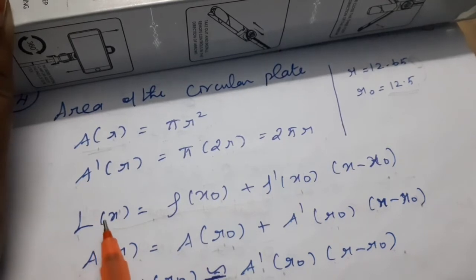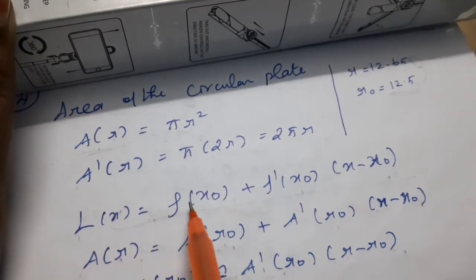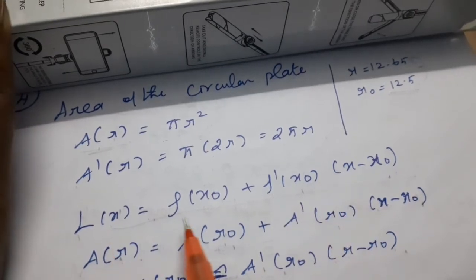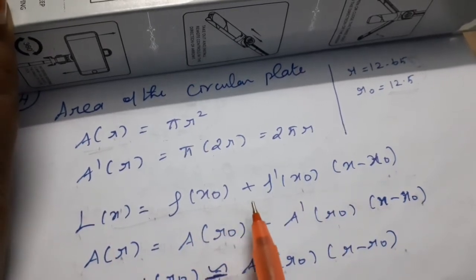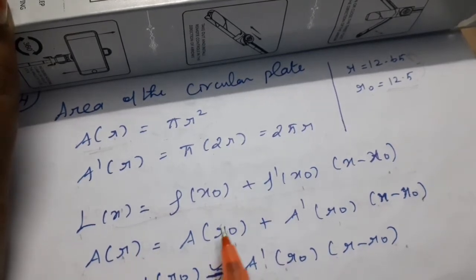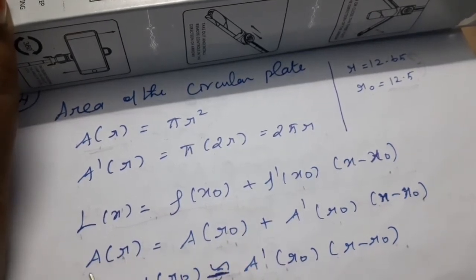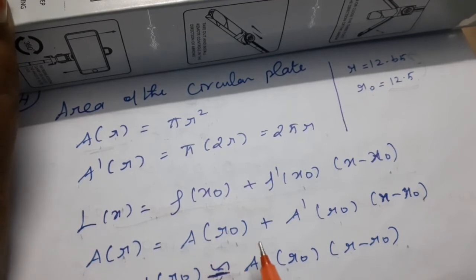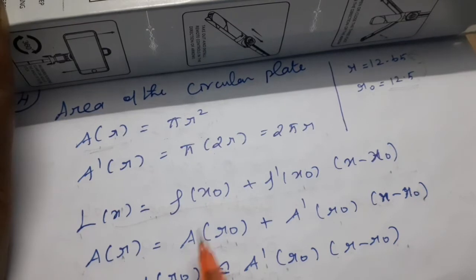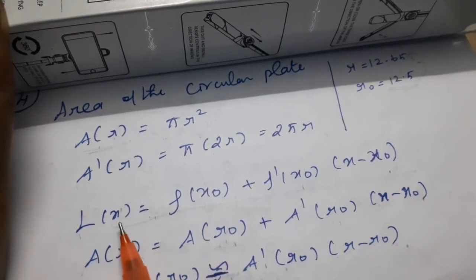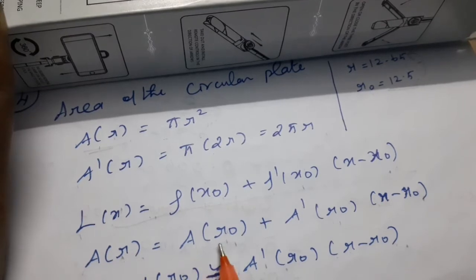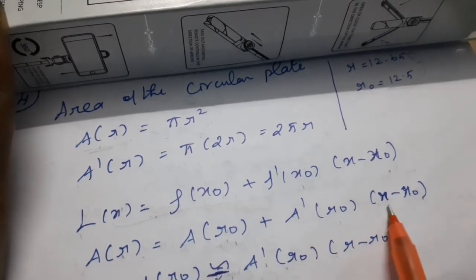What is our formula for linear approximation? L of x is equal to f of x naught plus f dash of x naught into x minus x naught. Now, instead of x, replace x by r: A of r equals A of r naught plus A dash of r naught into r minus r naught.